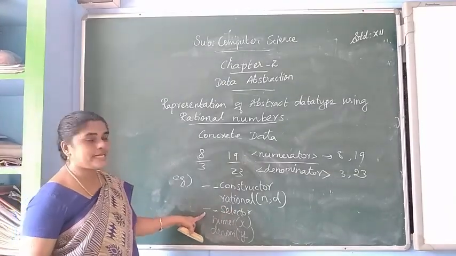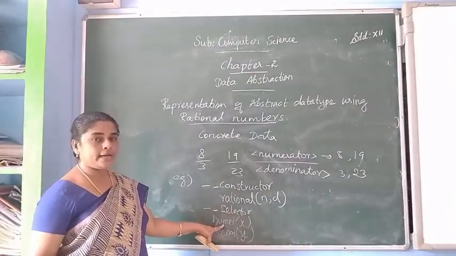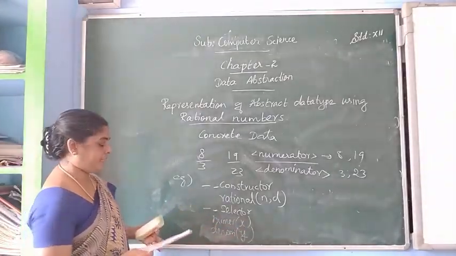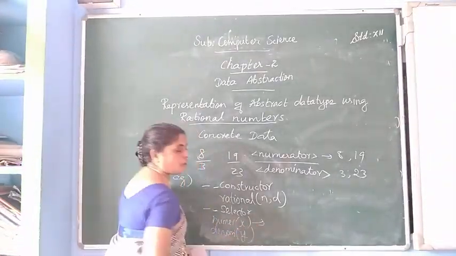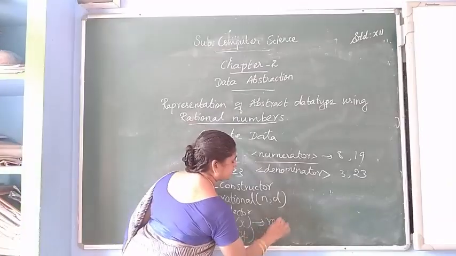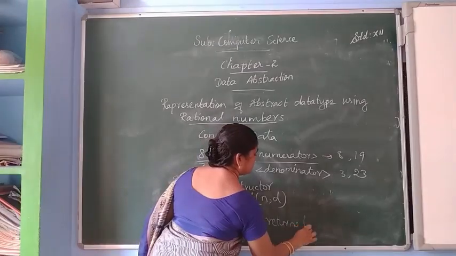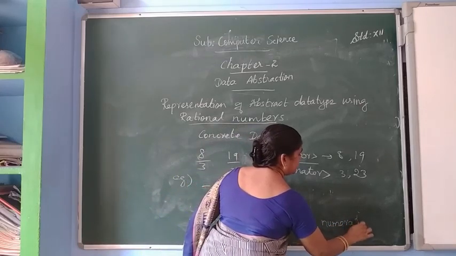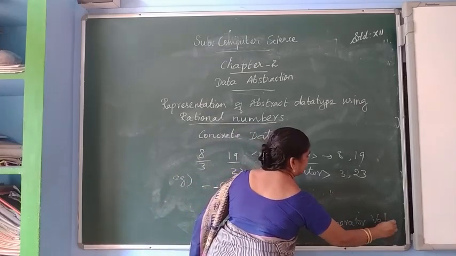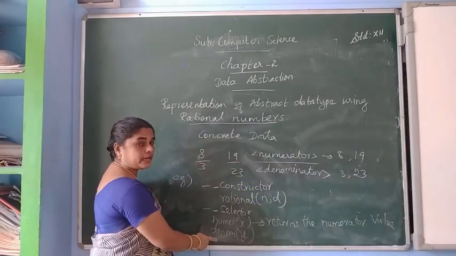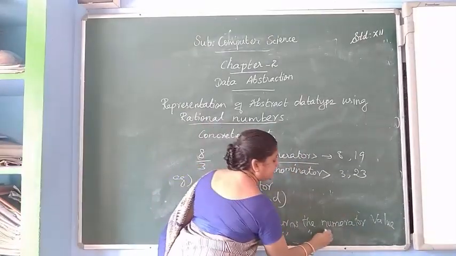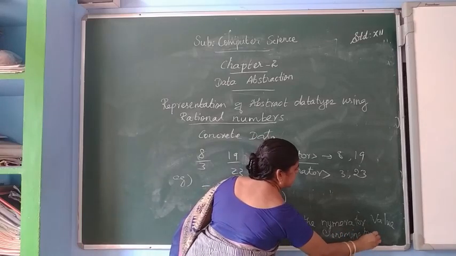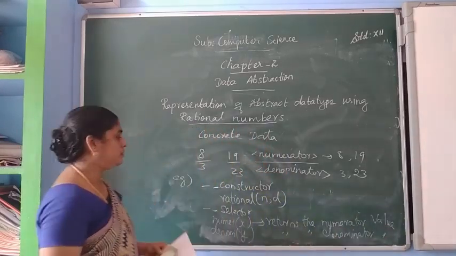The next one is the selector. Selector means numerator of x returns the numerator value, and denominator of y returns the denominator value.